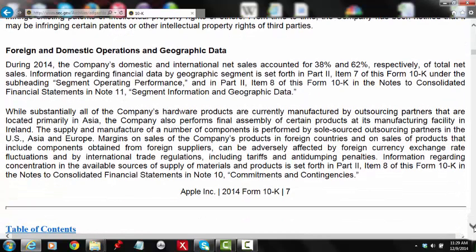Foreign and domestic operations and geographic data. So the net sales for domestic was 38%. That means in the US they generated about 38% of their total revenue, and 62% of their revenue came from international.